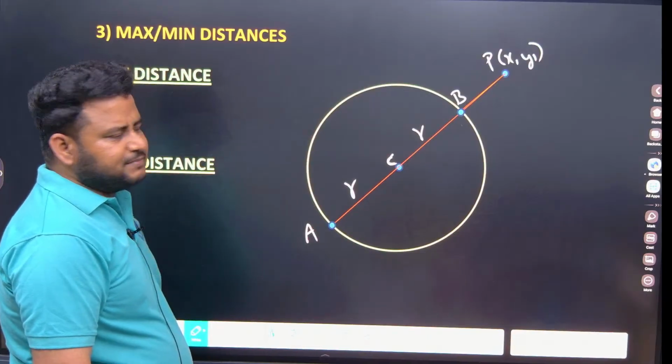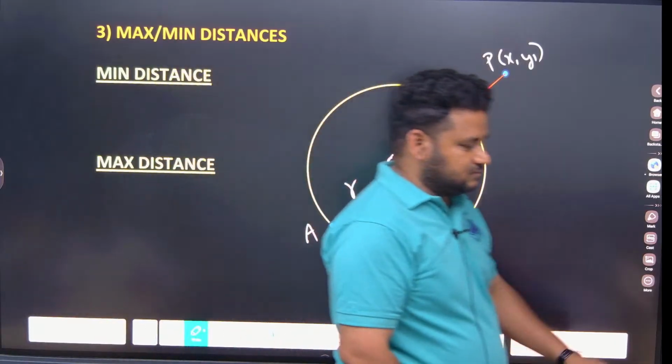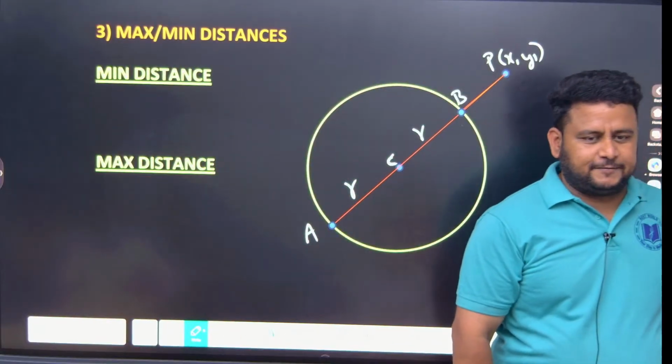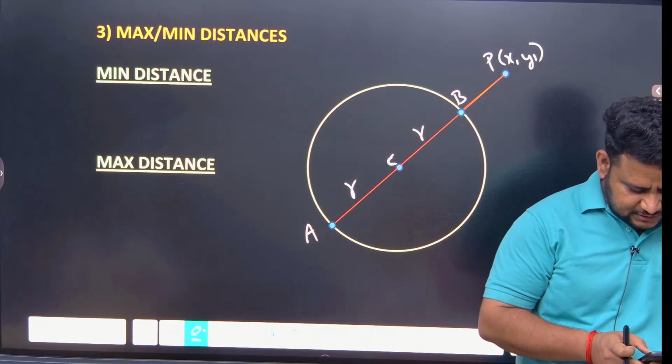Now, if they ask the minimum distance for the point P from the circle, tell me the answer. Think correctly and answer.